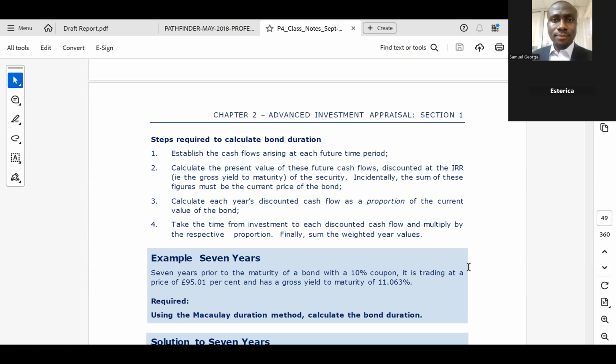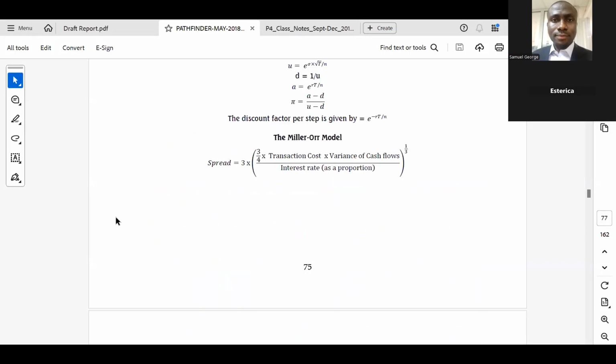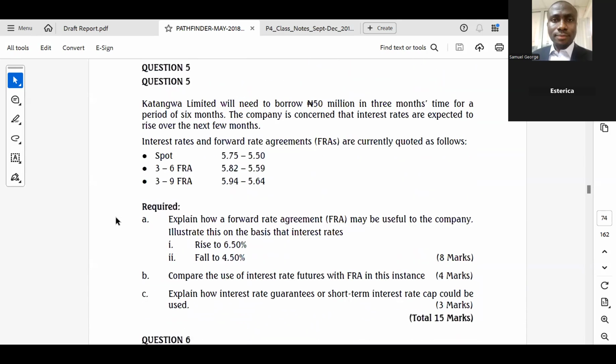So very quickly, if we go back to the question, the question says we should calculate the duration for the two bonds.